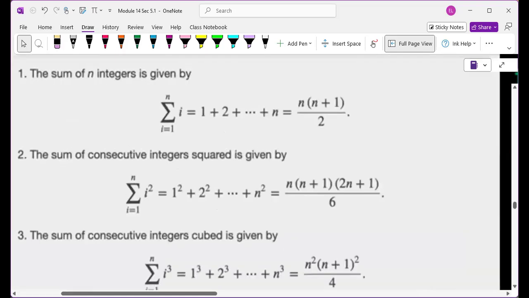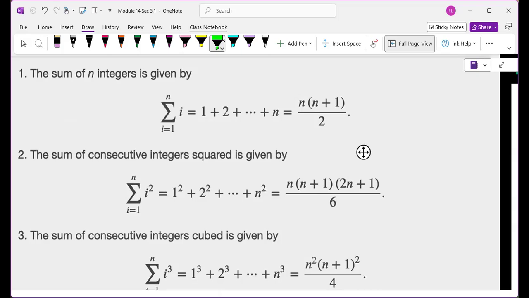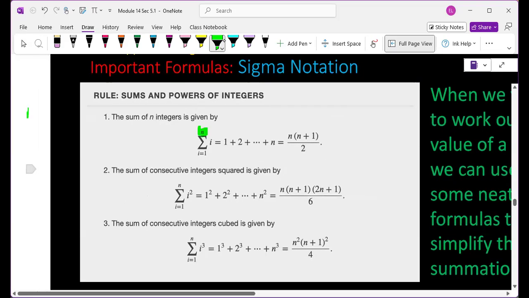N is our end number, so it's going from 1 to n. My computer hates me. So this n is the same as those n's.